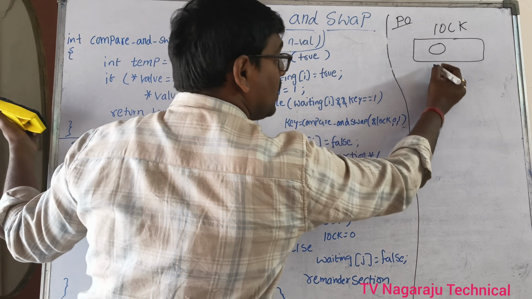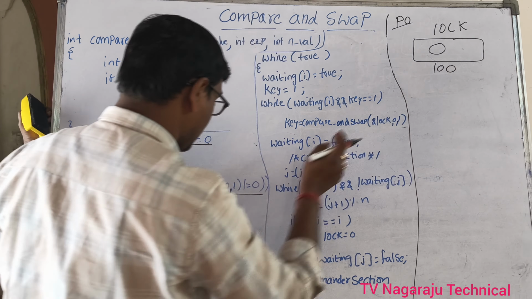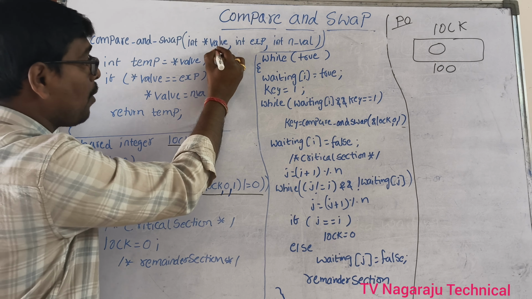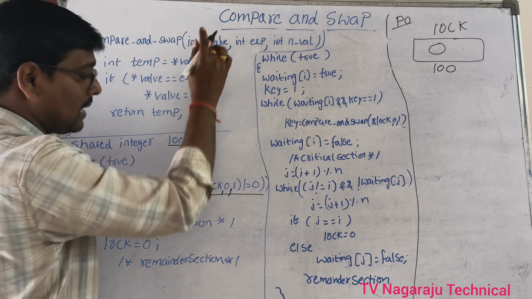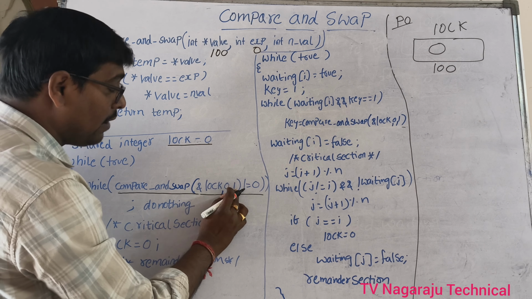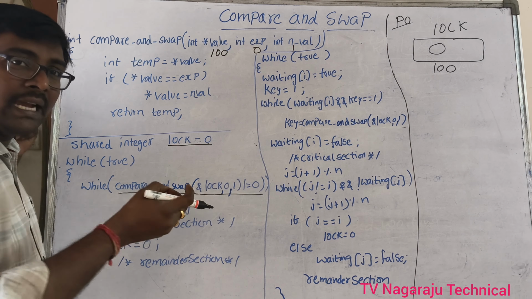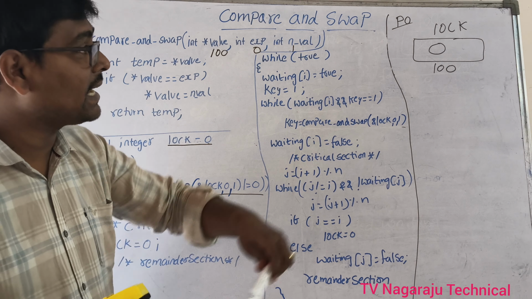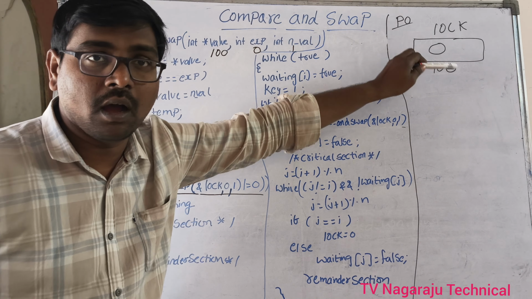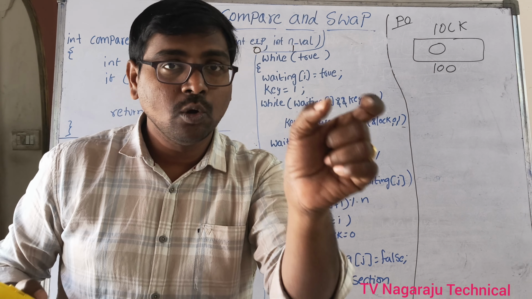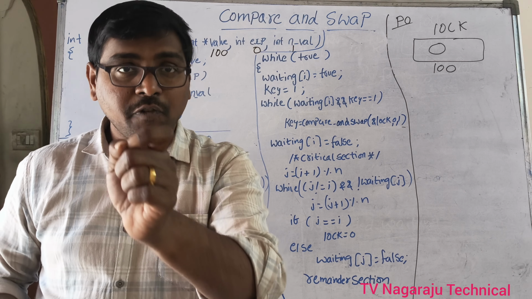Now, assume the lock is at address 100. We are passing the address. This is a pointer which stores the address. What is the expected value? 0. What is the new value? 1. Why is expected 0? Here the expected specifies the expected value of lock. That is, if lock is equal to 0, the critical section is free.